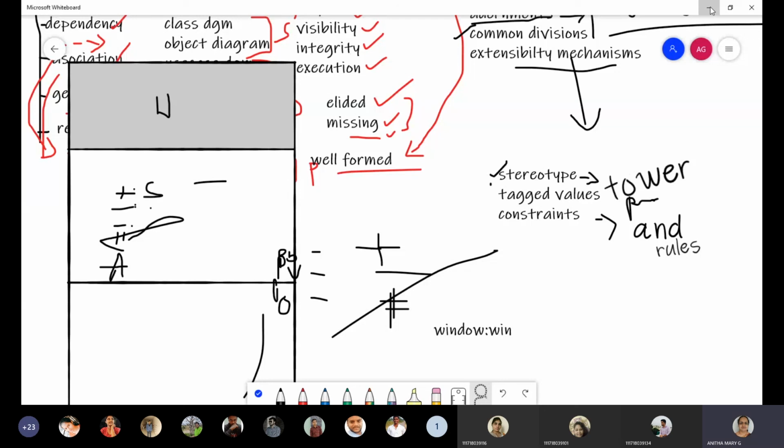And then moving on to the next one, tagged values. This is nothing but extending the properties. What more details can you give about a class? That is about properties. And then coming to constraints, to the existing rules, if you want to give any extra rules, that is what the constraints are. Okay. So these are the two topics I wanted to cover today.